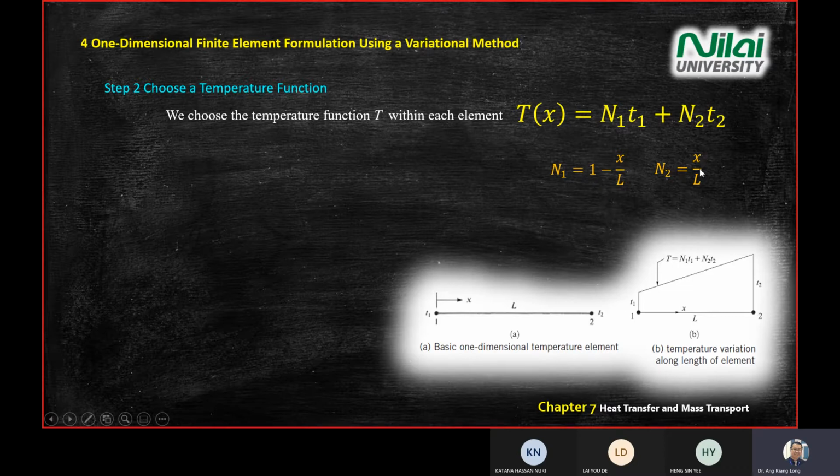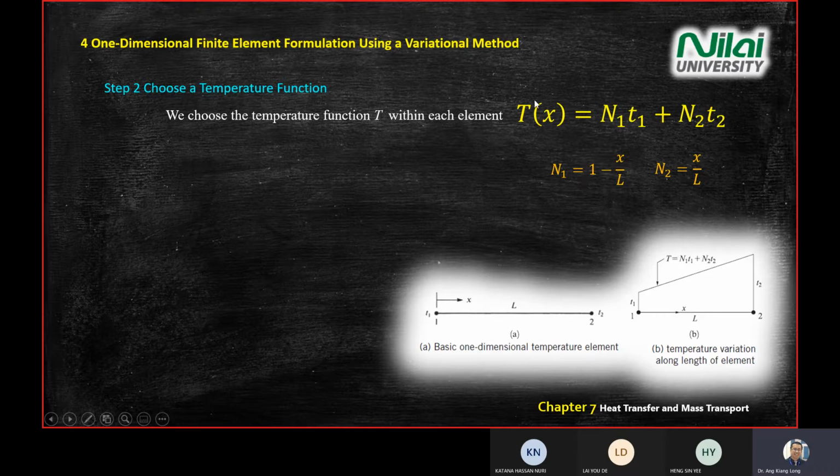And N2 will become 1, because at point 2, your x equals L. For point 1, your N2 is 0 and N1 is 1. So this is how you calculate your N1 and N2.